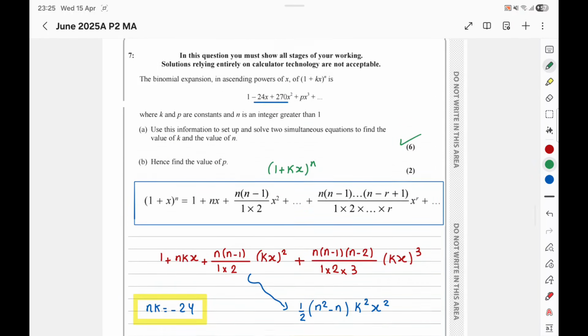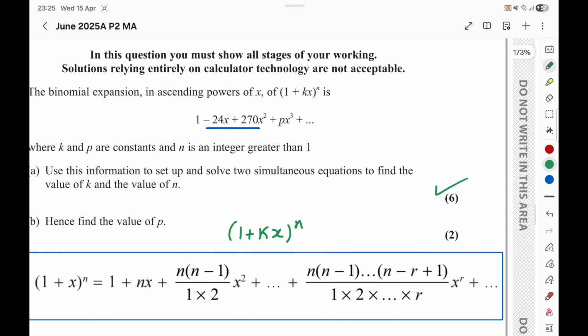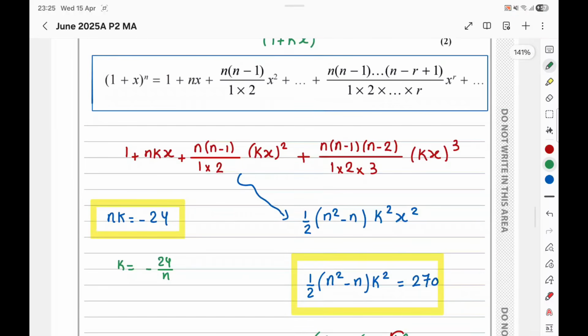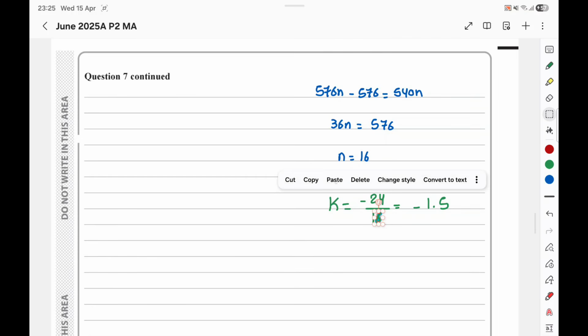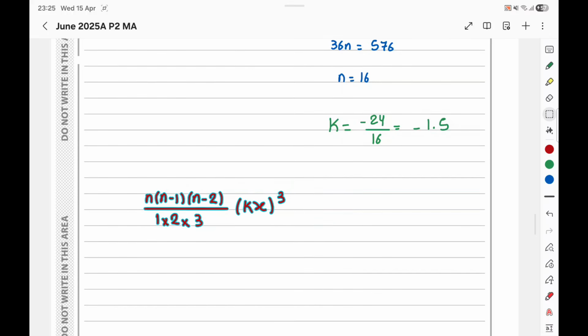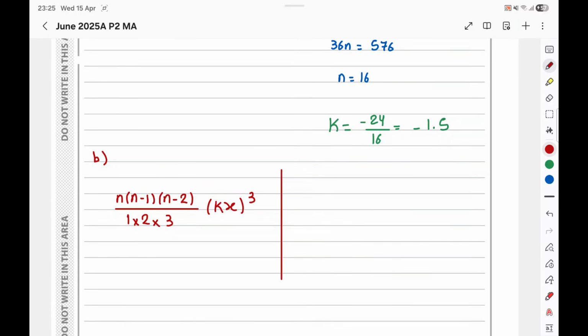Hence find the value of p. The value of p is the coefficient of the term in x to the power of 3. If we use the expansion, we'll use this formula. If you want to use the C method, now you know the k and the n, so you can also use the C method. For part B, you can just substitute in this formula or use the C method.